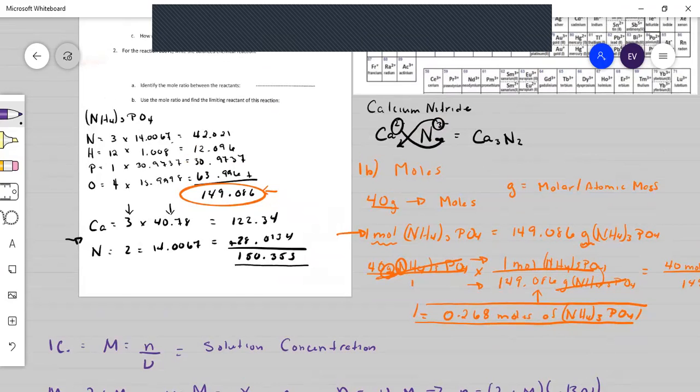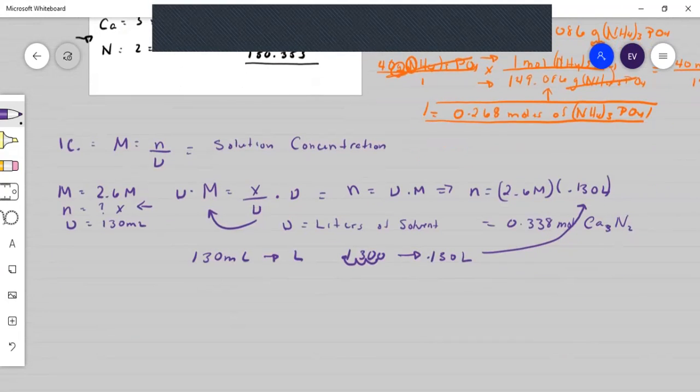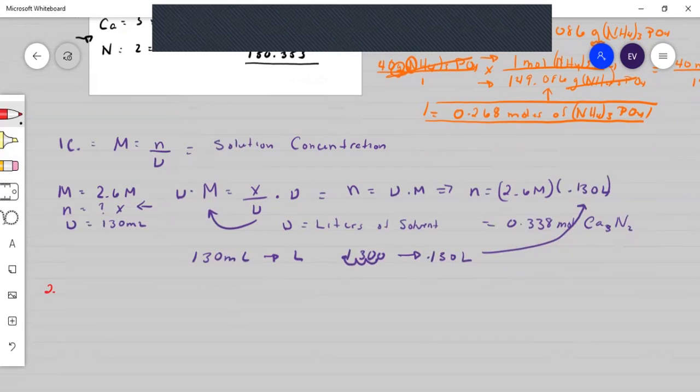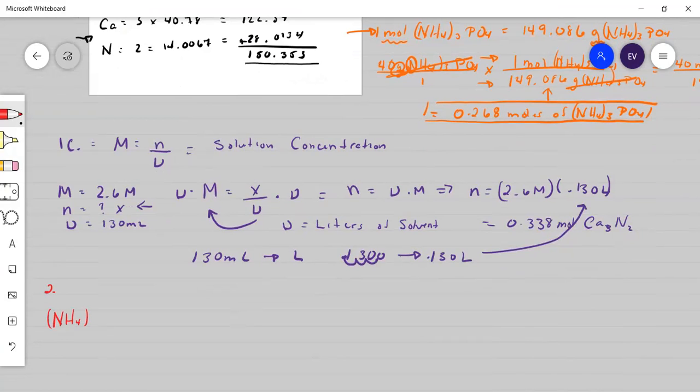All right. Next one, write the balanced chemical equation for the reaction above. All right. Let's go ahead and do that one. This is question number 2. So we know that we have ammonium phosphate and that's reacting with calcium nitride.